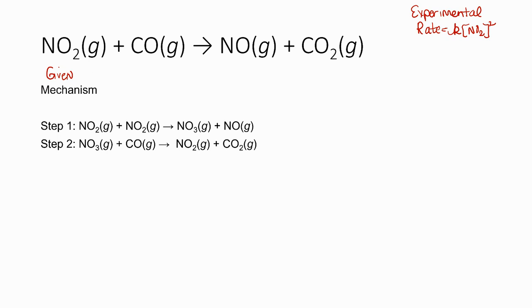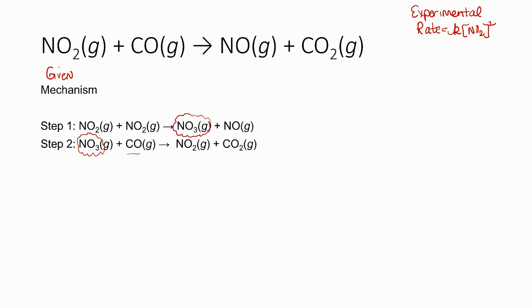Now, if you're noticing, NO3, that's not nitrate. NO3 is a strange oxide of nitrogen. If it looks kind of misspelled to you and funny, it's because it's not super stable. So what happens in step two, do you notice the NO3 collides with CO to now make NO2 and CO2.